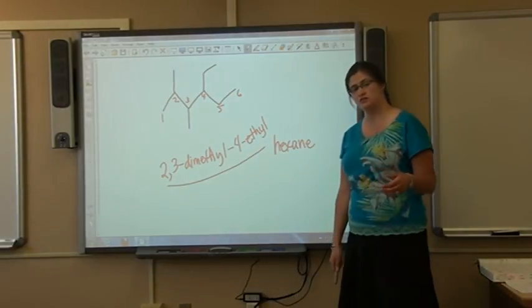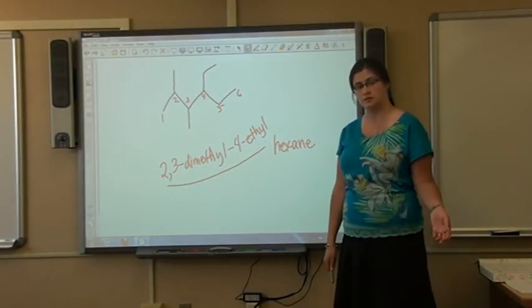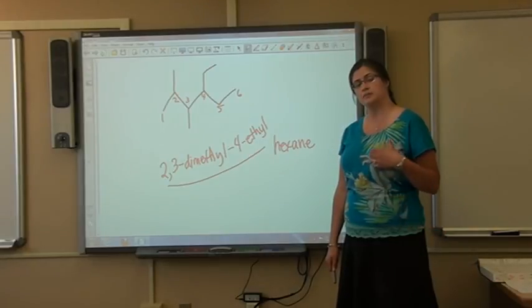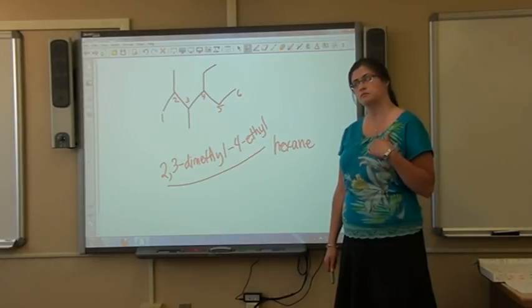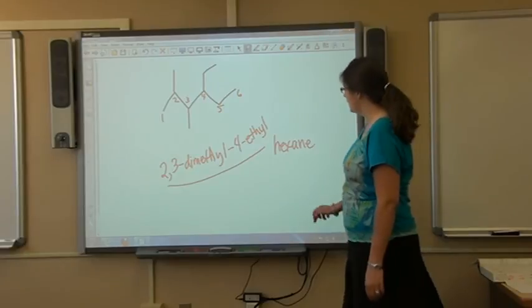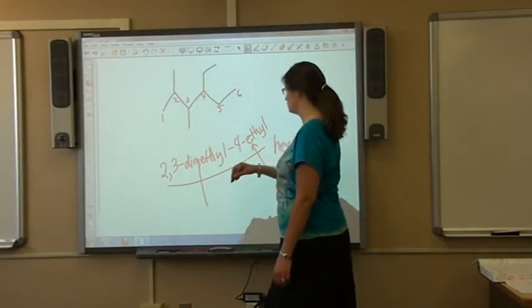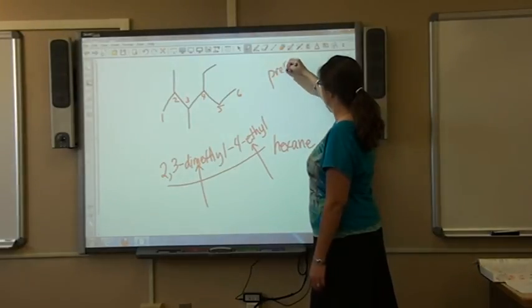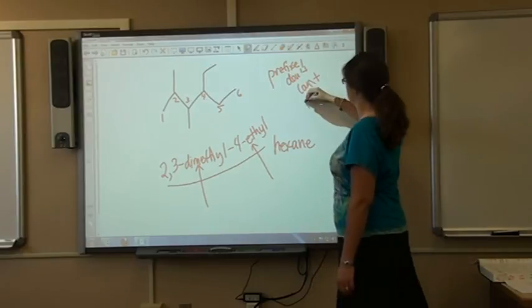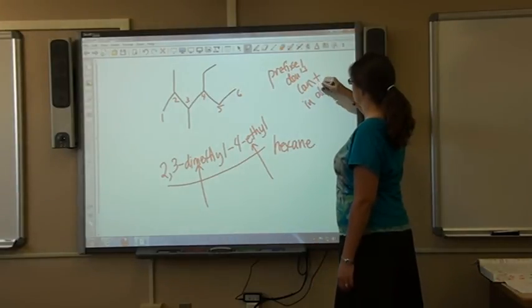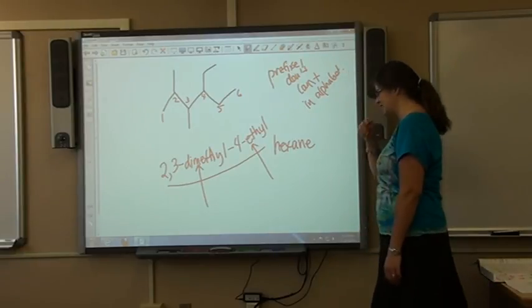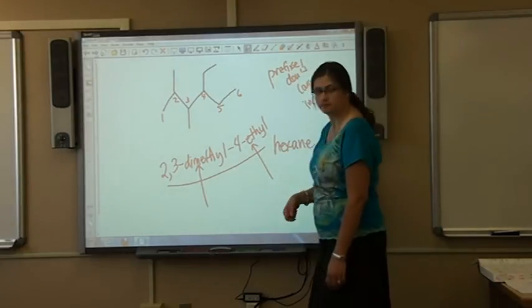But remember, we have to alphabetize them. So we go by the parent group, well, yes, we go by the parent thing. Prefixes don't count in alphabetizing. Okay, so which comes first, the E or the M?